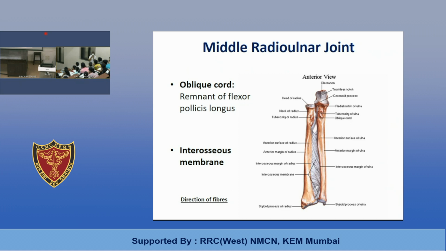Tibia, correct, and the postaxial bone is fibula. In the upper limb, the preaxial bone is radius and the postaxial bone is ulna. So it is from preaxial to postaxial bone. Remember this, so you will not get confused about the attachment of the interosseous membrane.